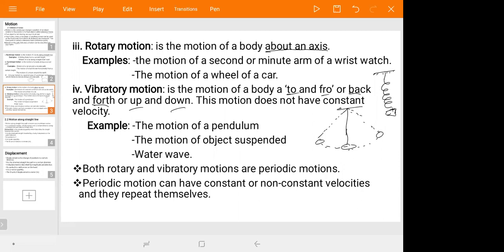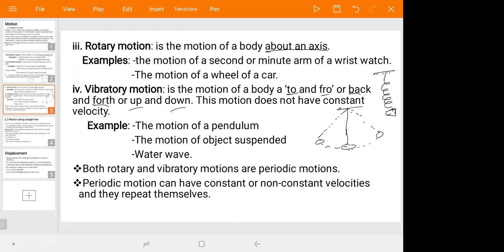Again, if you hit a rope which is straight, there is energy, there is motion in the rope. This type of motion again is a vibratory motion. Vibratory motions are motions of a body to and fro, back and forth, or up and down.